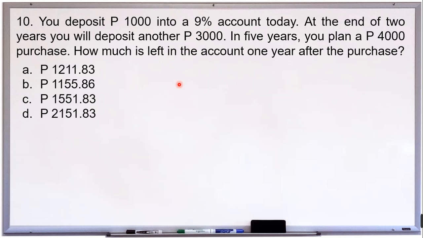Now, first things first, since the problem involves several transactions, we're going to create a cash flow diagram to map those transactions. So the point of view here is you as the depositor. So this is our horizontal line with a scale ranging from year 0 to year 6.